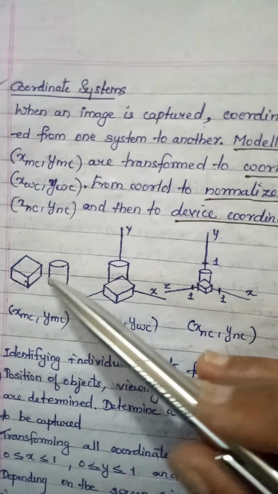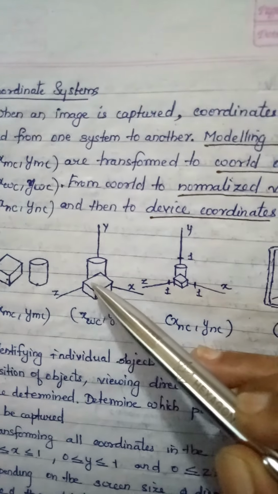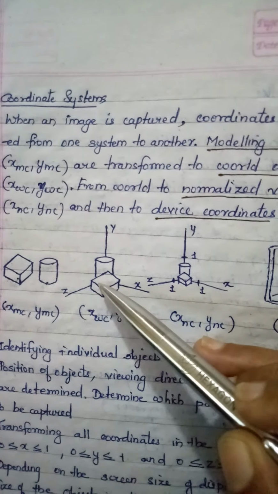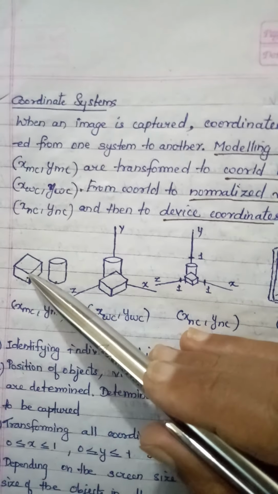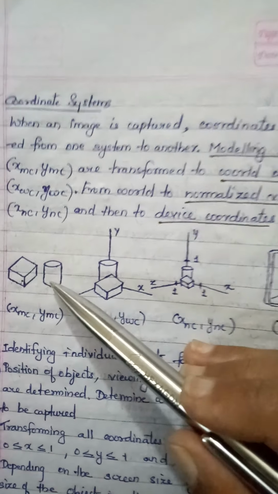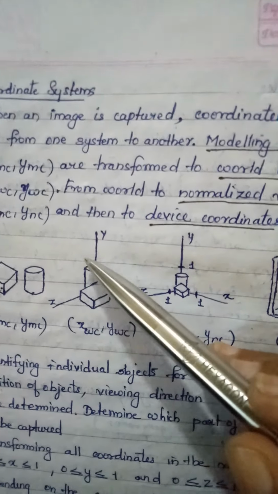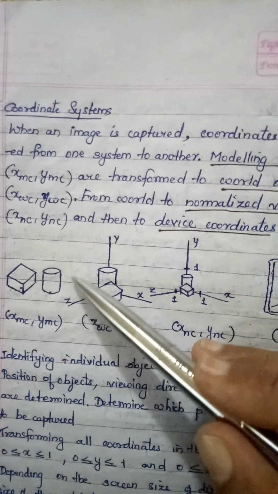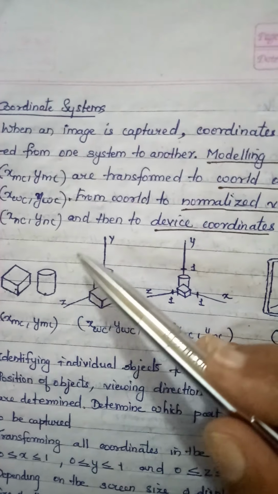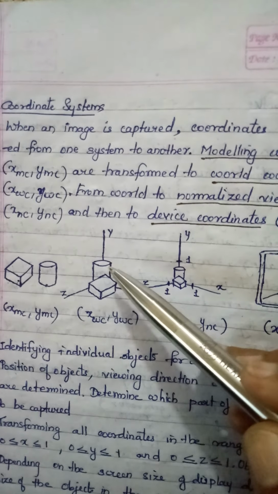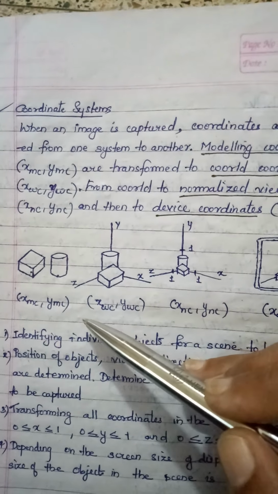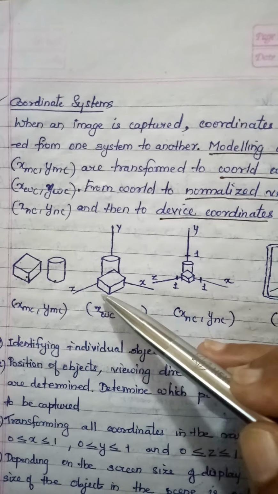After identifying objects, I have to place them in a particular position. So here I placed the cube in front side and placed the cylindrical object just behind the cube. So determining the positions of the object is one thing. Second thing, I have to identify the direction from which I am going to take the photograph.